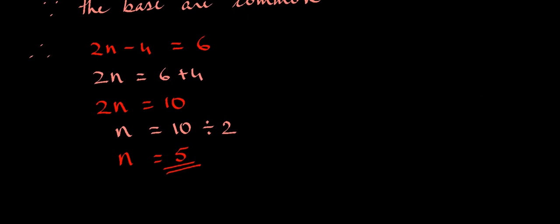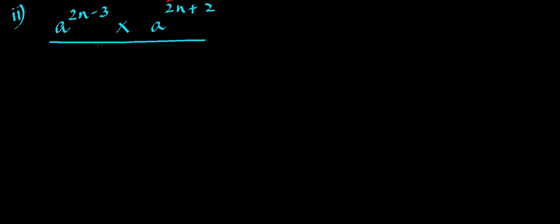Let's move to the next sub-question, which says, question 2, what is the value of n over here? Okay, this looks a little different than the previous one. We have a raised to 2n minus 3 into a raised to 2n plus 2 upon a raised to 4, the whole raised to minus 3.